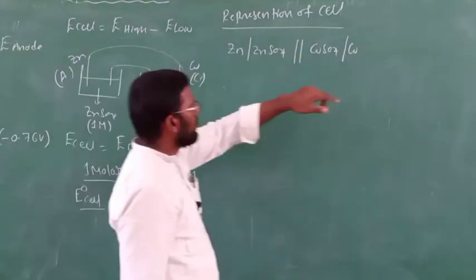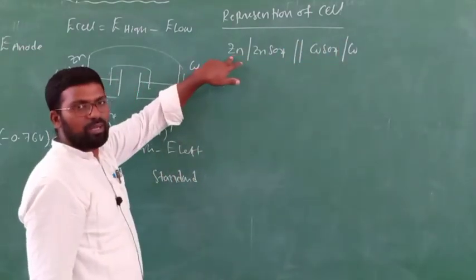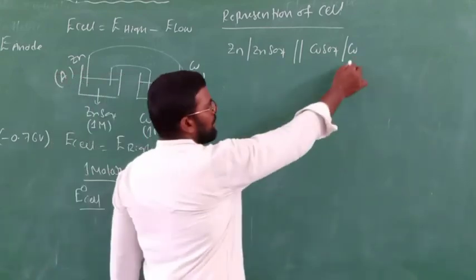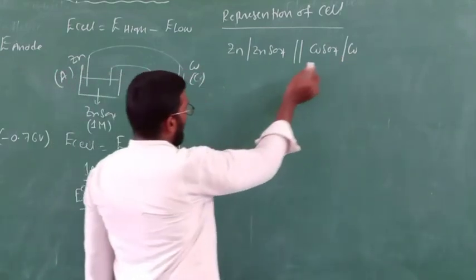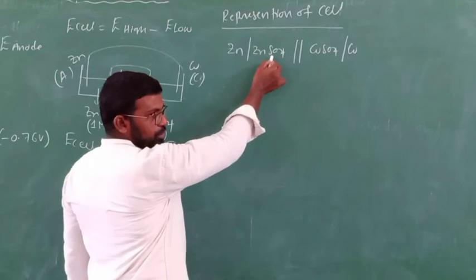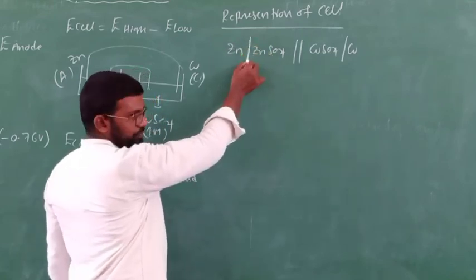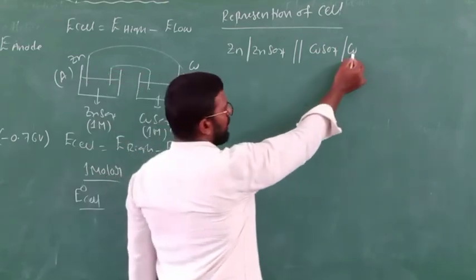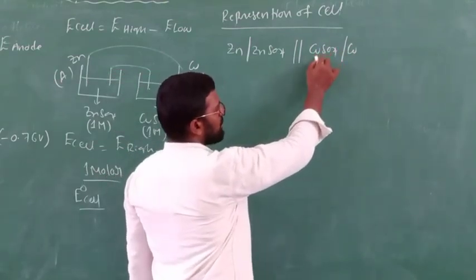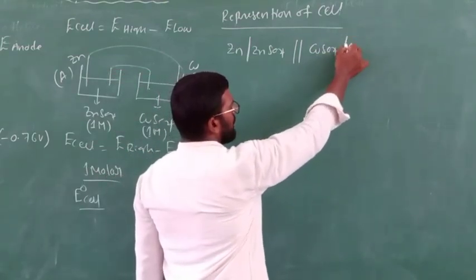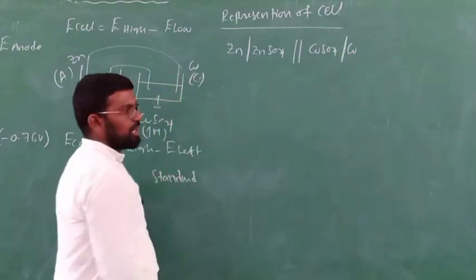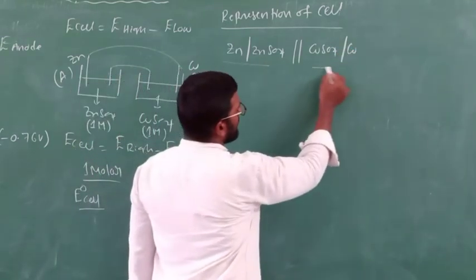Okay, I'll explain. Anode should be written at the extreme left, cathode at the extreme right. The anode is in contact with its electrolytic solution, so both are separated by a vertical line. Next, the cathode is in contact with its electrolytic solution, and these two are separated by a vertical line. Now this is one half cell, this is another half cell.